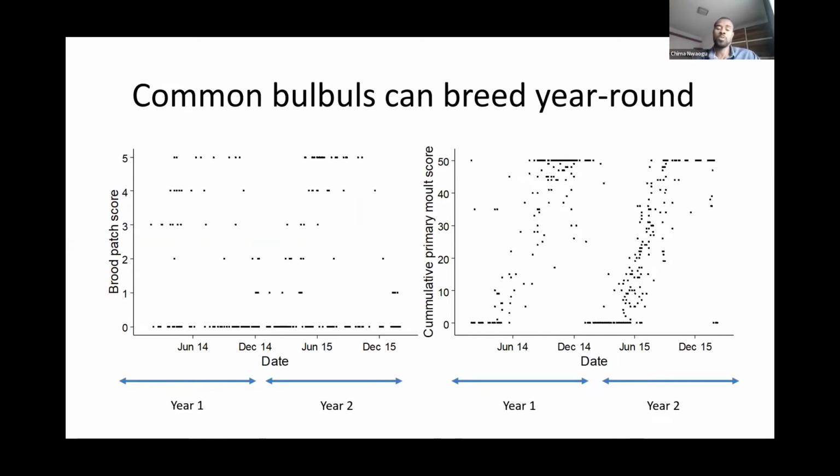If you look at seasonality from the perspective of the common bulbul, we see clearly that breeding is likely to take place at any part of the year. This is 2 years of breeding data based on brood patch occurrences, and you can practically see birds breeding at different parts of the year.